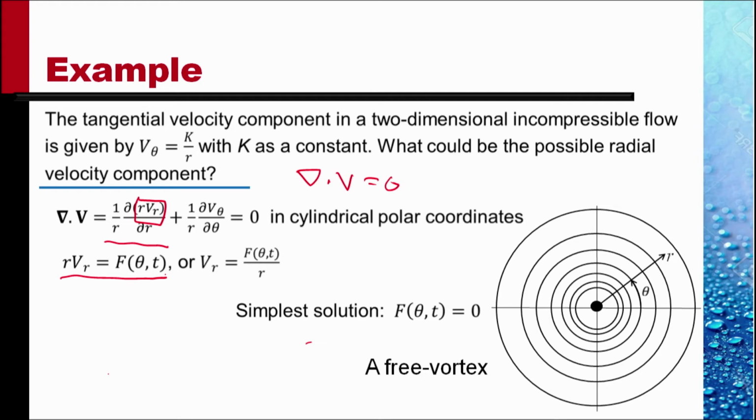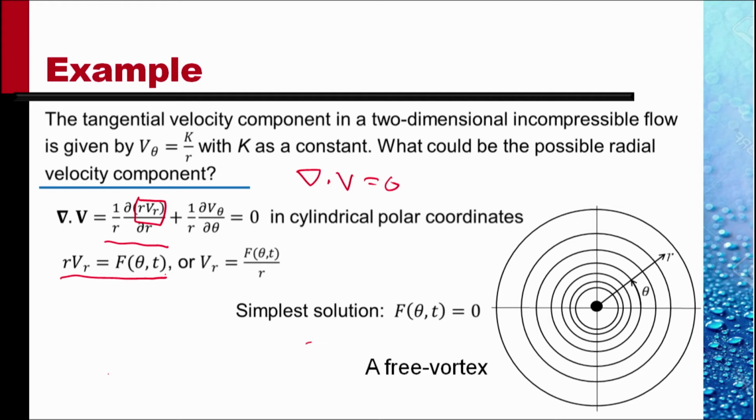There is no radial velocity. The fluid particles are going around in circular paths with only v theta velocity, which also decreases as r increases.